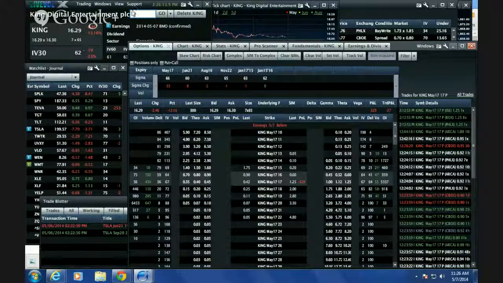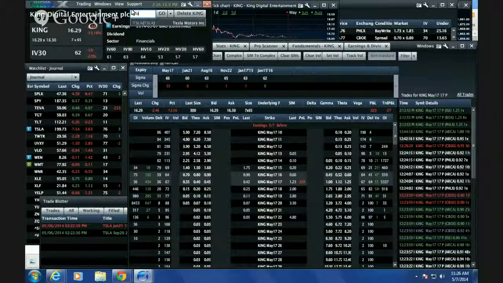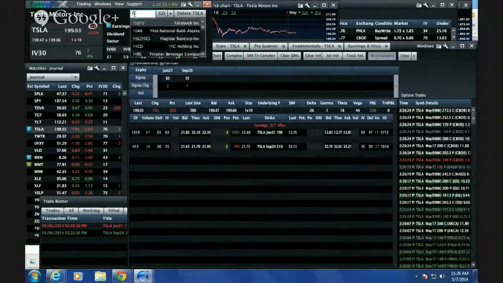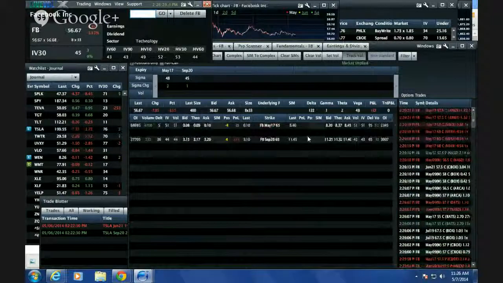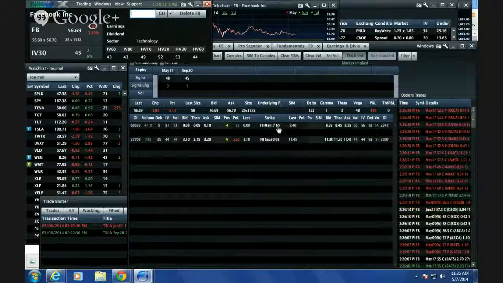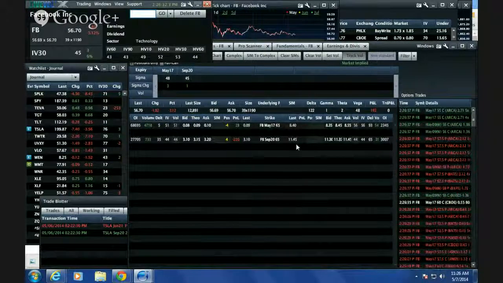I have this position on Tesla, which is actually a hedge, or a semi-hedge, against my Facebook position. In Facebook, I'm long the Sep calls and short the May calls, so I'm putting on a spread, but if Facebook goes down, this spread is going to go worse.